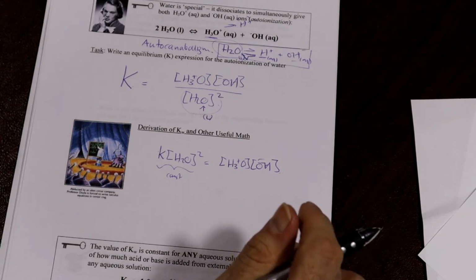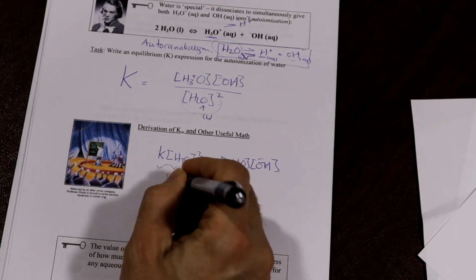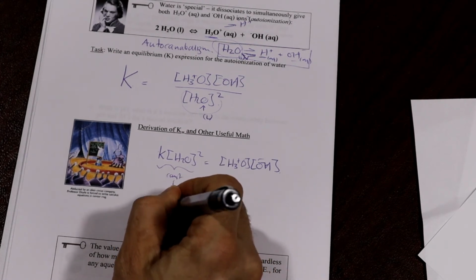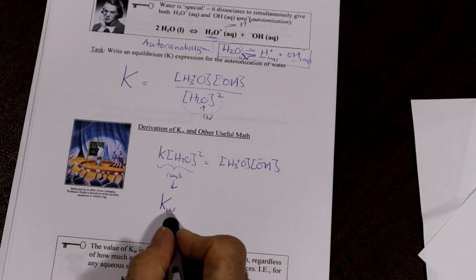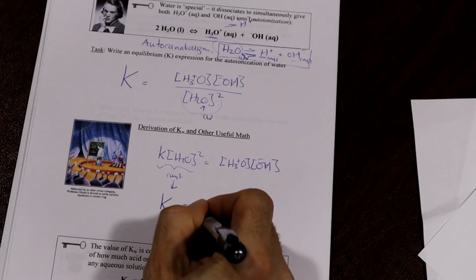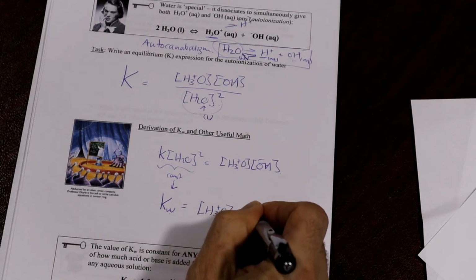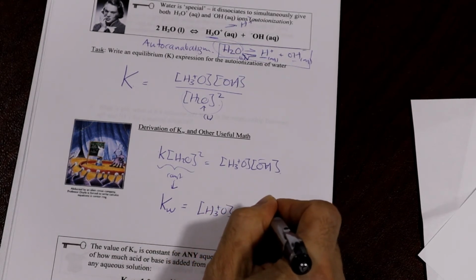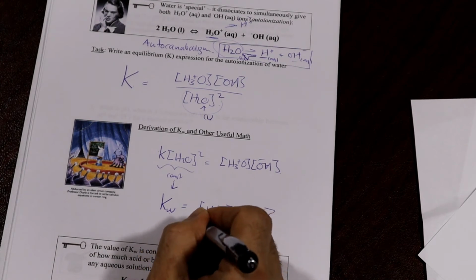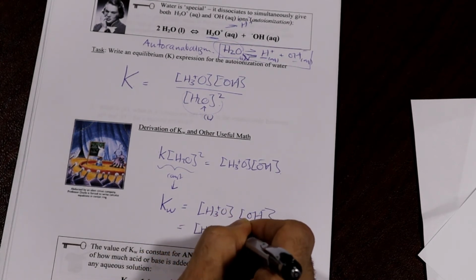All right, fair enough. So this constant, we can just redefine it. We'll call that Kw. W for water, of course, right? Kw equals [H3O+][OH-], and if you want the simpler form, [H+][OH-].